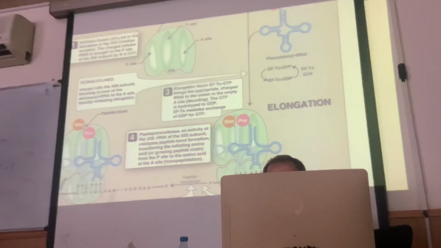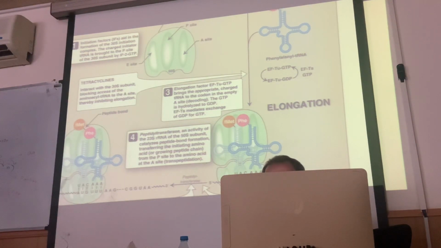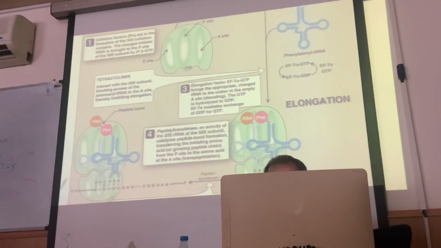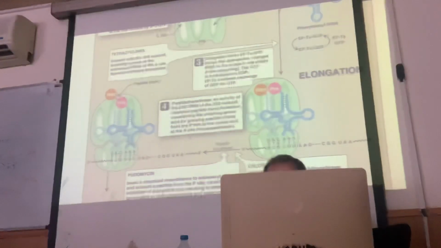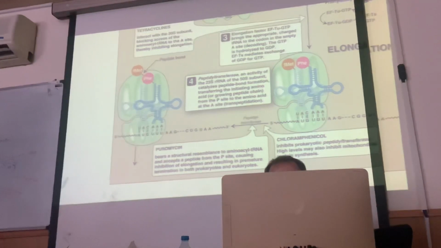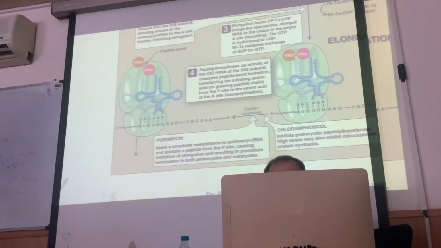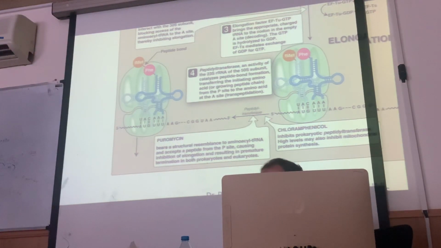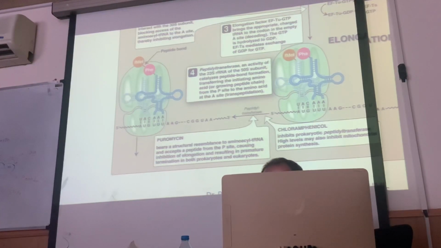For elongation, we need EF-Tu GTP, which brings the next one to the A site. Also, we have peptidyl transferase activity, which is responsible for joining formyl methionine to phenylalanine or the next amino acid. Chloramphenicol inhibits prokaryotic peptidyl transferase activity.